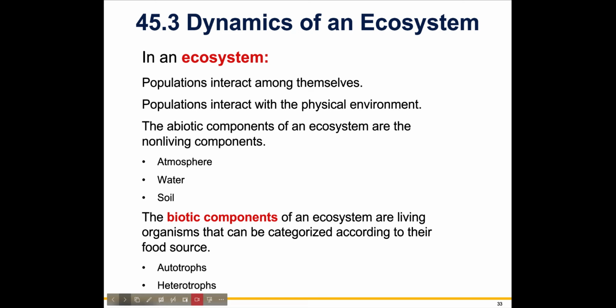So, how those living things interact with the atmosphere, the soil, the water, as well as how the living things are interacting. And we're going to categorize those living things, the biotic components, by their food source. So we have what are called autotrophs that make their own food, and then heterotrophs, which need to eat something.